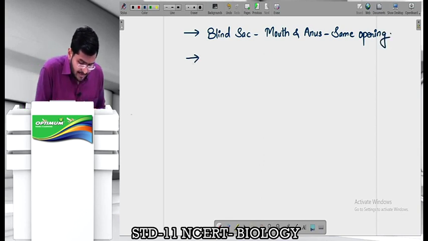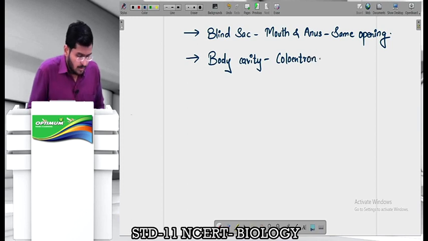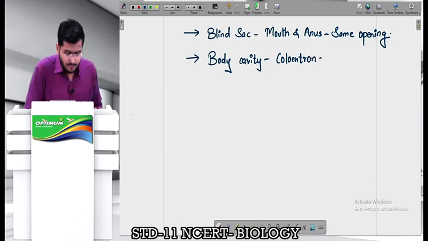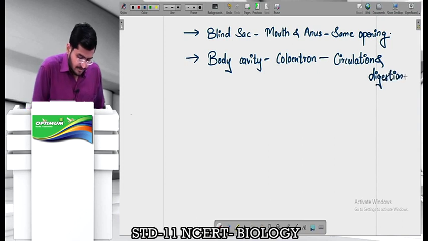Other than that, their body cavity is called coelenteron. Because it is Coelenterata, their body cavity is called coelenteron. Okay, coelenteron is responsible for carrying out not just digestion but also circulation. So these two are functions of coelenteron, digestion and circulation.